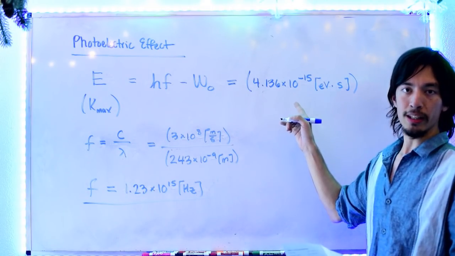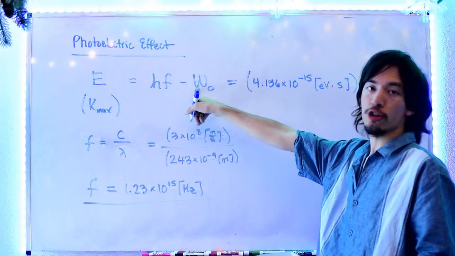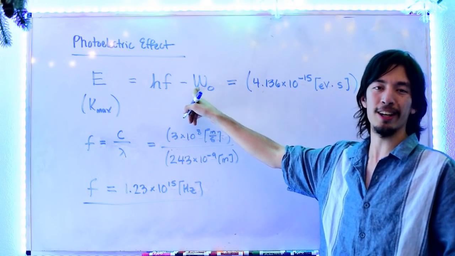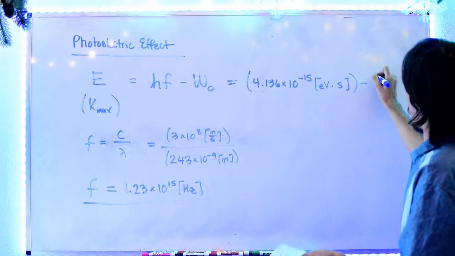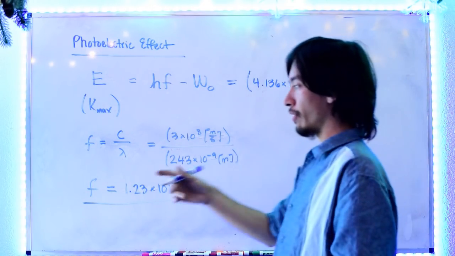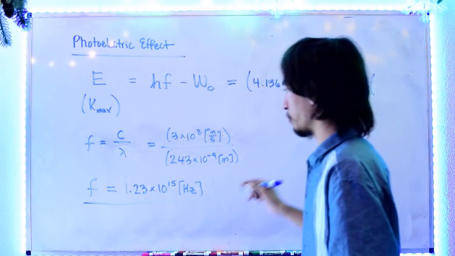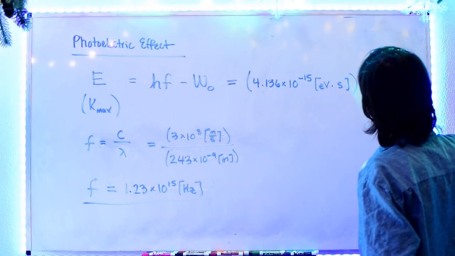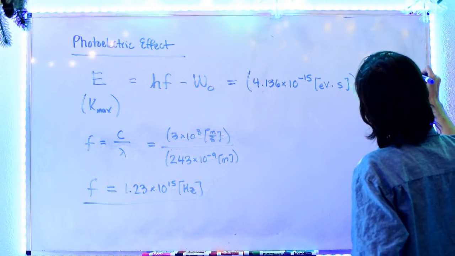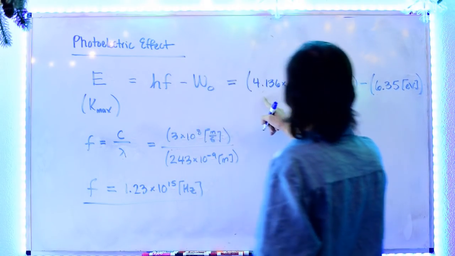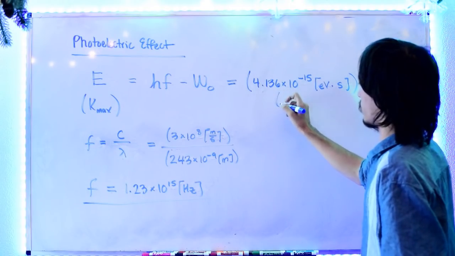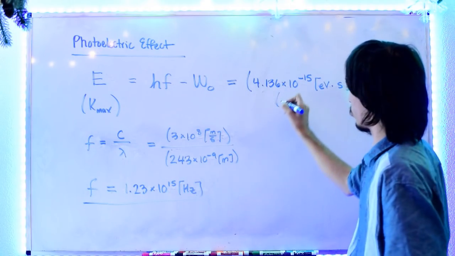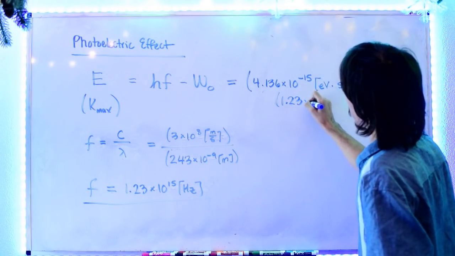We're doing this because the work function is normally given in electron volts, which in our case it is. So we subtract off the given value for the work function for platinum, which is 6.35 electron volts. Now, if you run this calculation, you plug this in, times the frequency, forgot to multiply by the frequency, so you take that and multiply by the frequency.